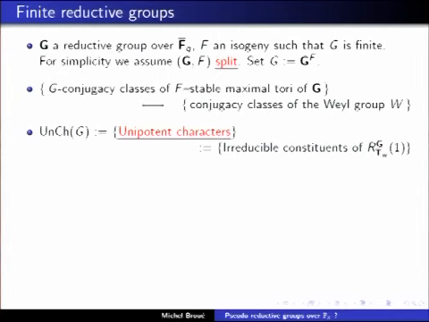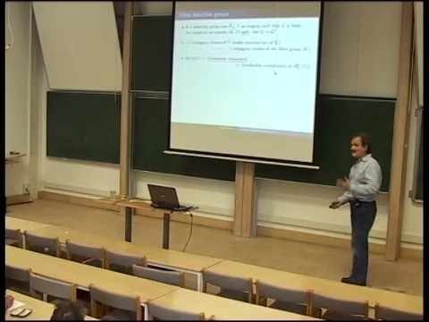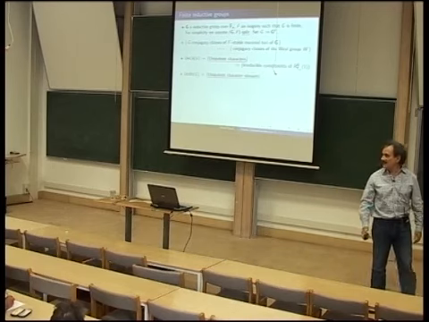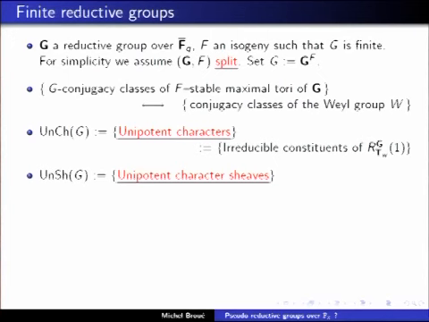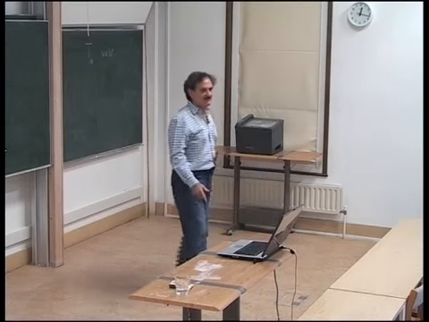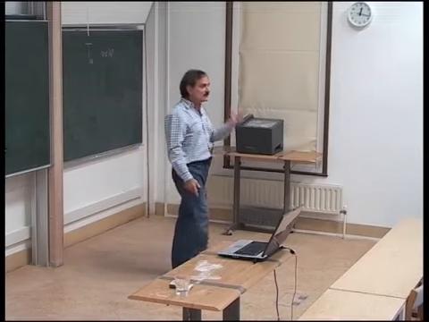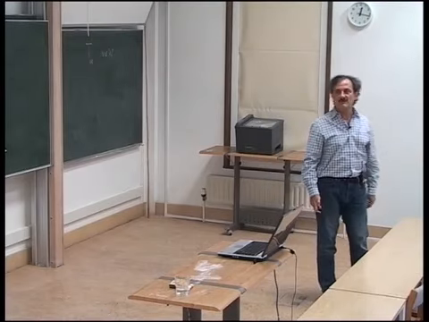I'll come back to this notation later on, but I consider that this is more or less known in this audience. Now, the unipotent characters are those for which there exists a w such that it occurs in R_{T_w}.